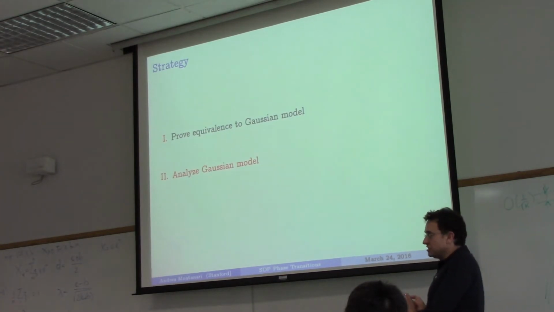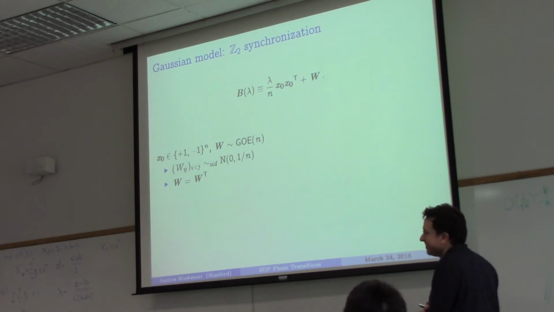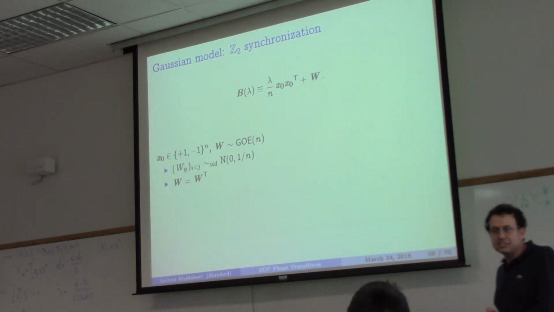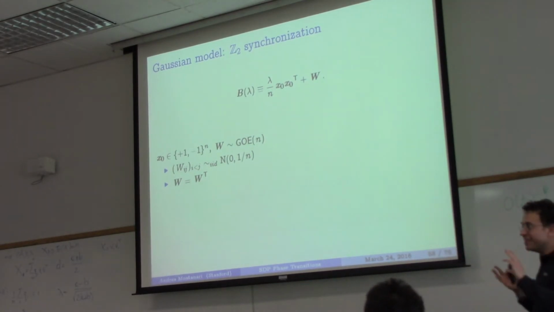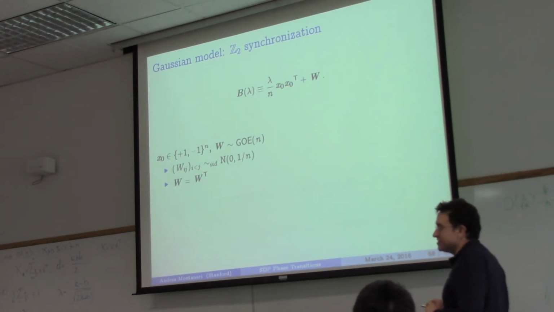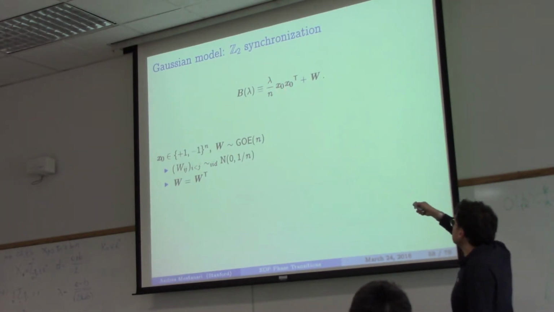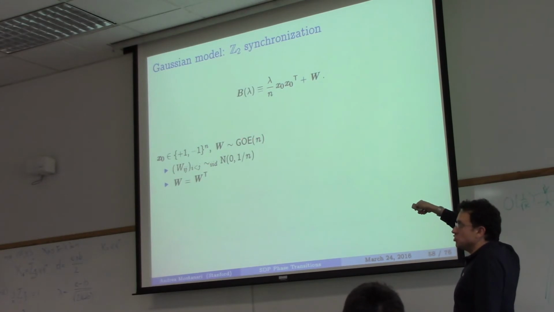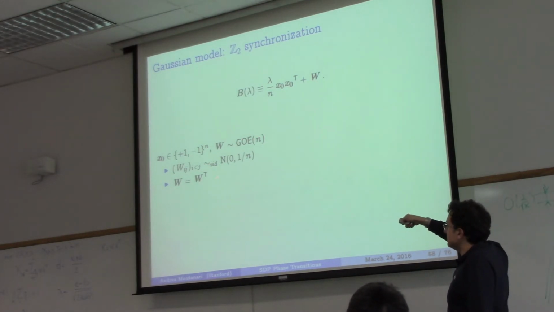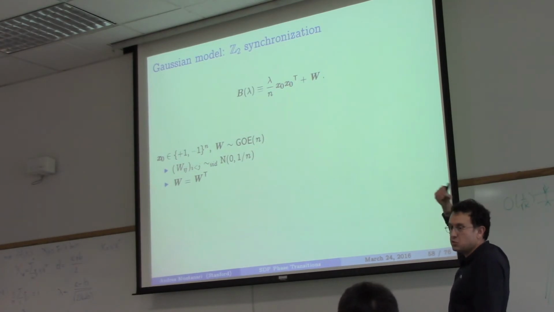Okay, so I'll do step 2 first. So this is the Gaussian model. It's a very simple yet interesting problem. It's what people call Z2 synchronization, and it is the following. You have a signal x0 that is a ±1 vector, and you observe a constant times x0 x0 transpose plus W, where W is a GOE matrix. So it's a symmetric matrix with entries above the diagonal independent and Gaussian with variance 1 over n.